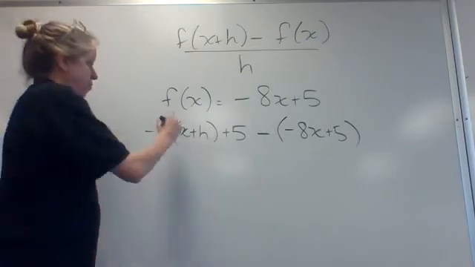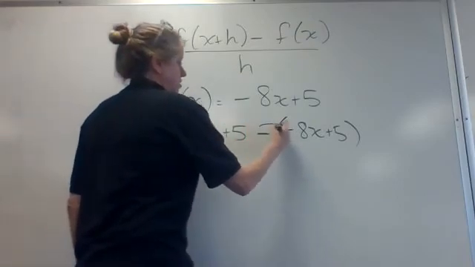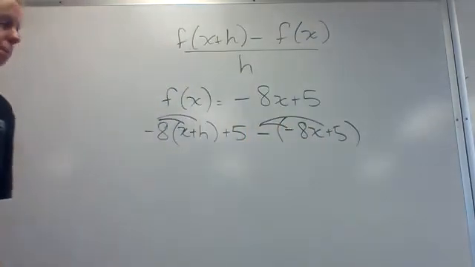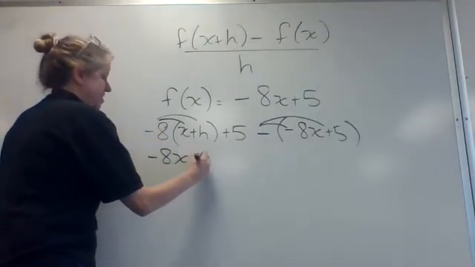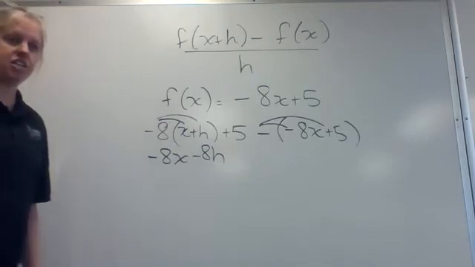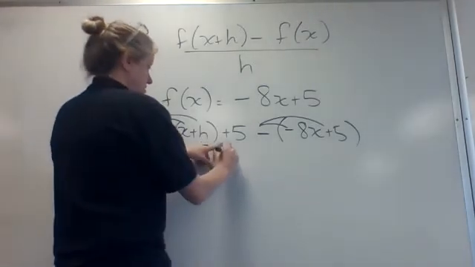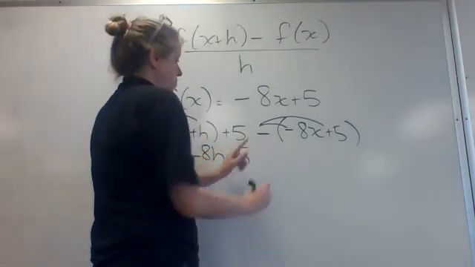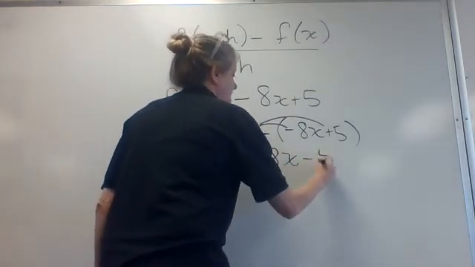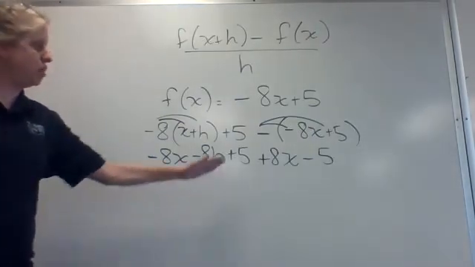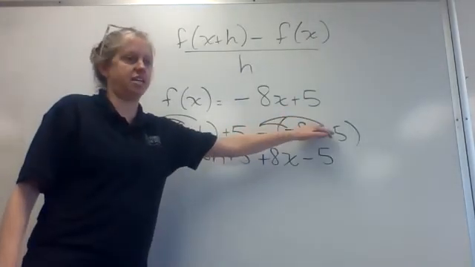Okay, I need to remove parentheses, so I'll distribute. So this gives me -8x minus 8h plus 5. Distribute here. That turns that to +8x, and this to -5. And remember what distributing this negative does?